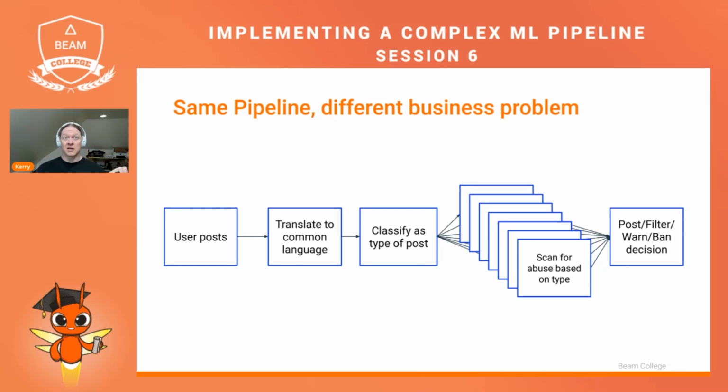So I could say I take users' posts, and the first thing I do is I translate them into a common language where I have the strongest models with a machine learning model. Then I take that common language representation and I use that to classify what kind of post this is.